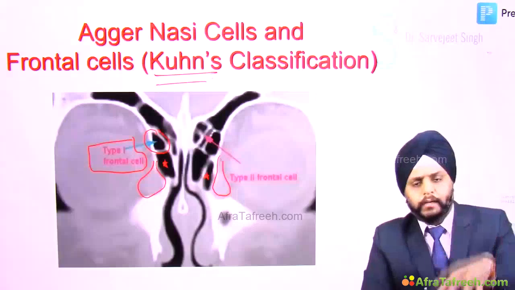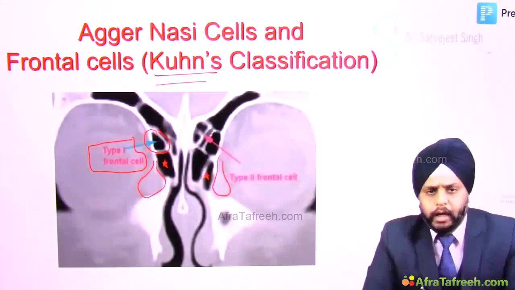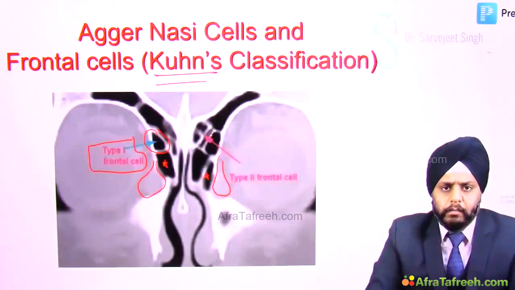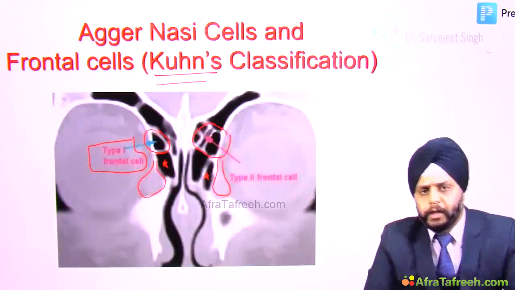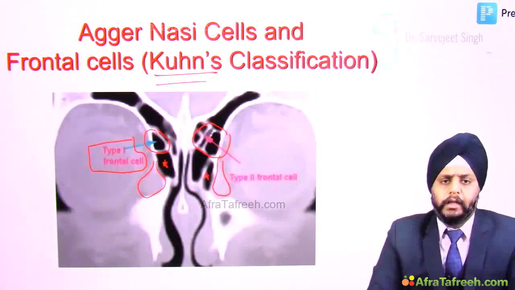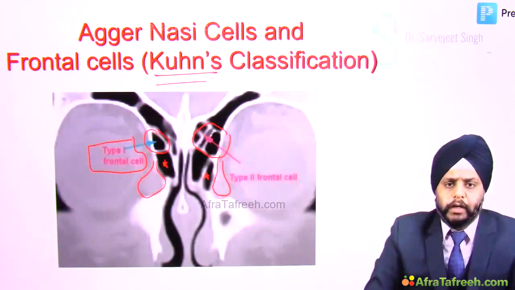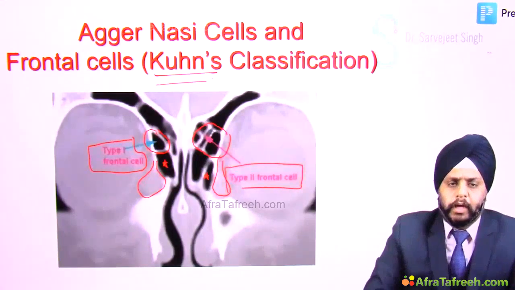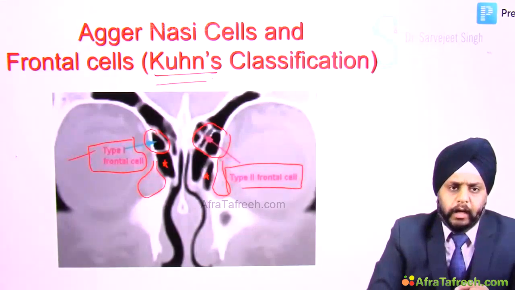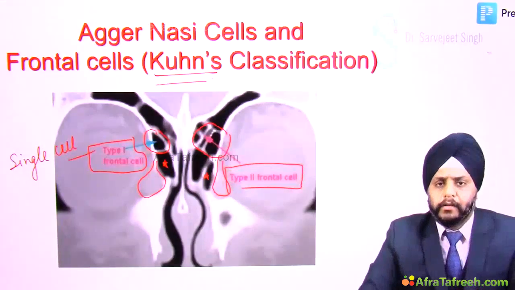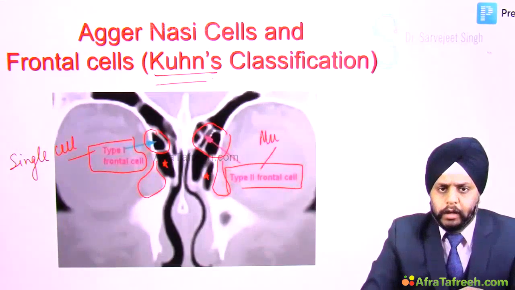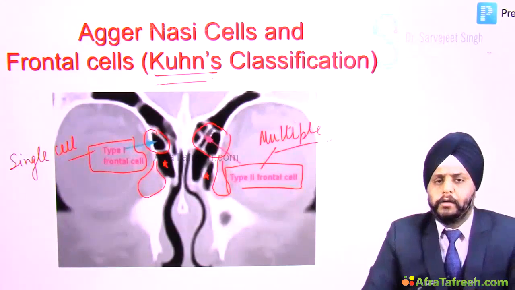Look on the left side and you can see multiple cells above the agger nasi, so obviously they are causing more blockage in the frontal recess area. Then they are known as type 2 frontal cells. So type 1 frontal cell is a single cell above the agger nasi, and type 2 frontal cell is multiple cells above the agger nasi.